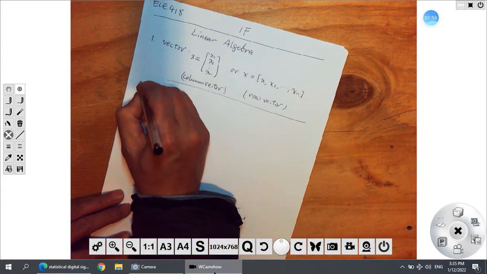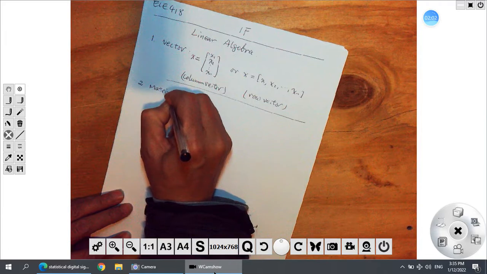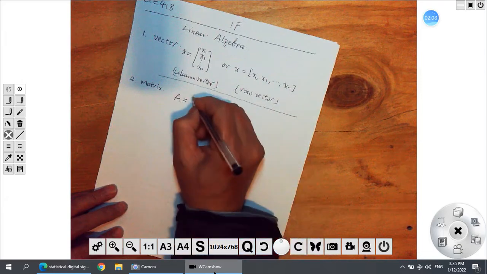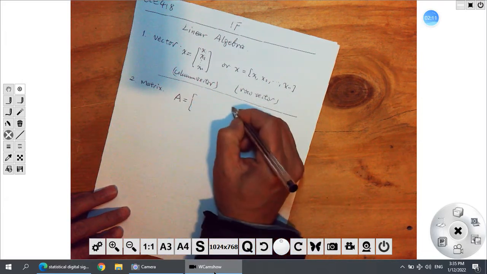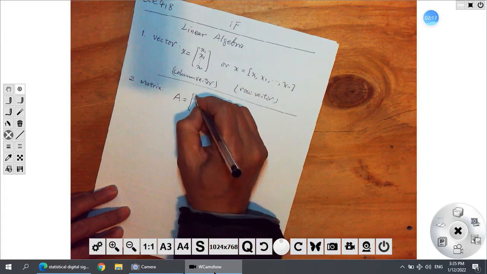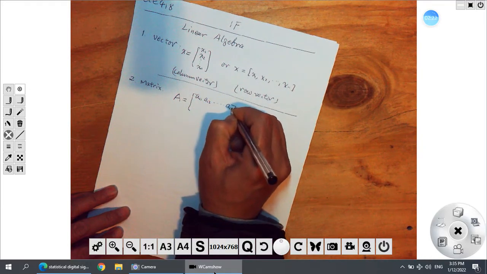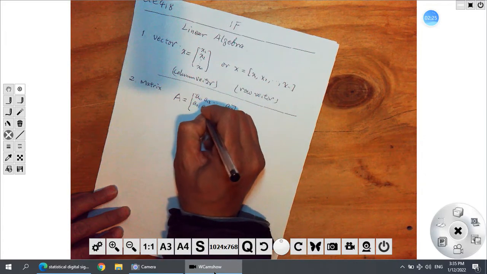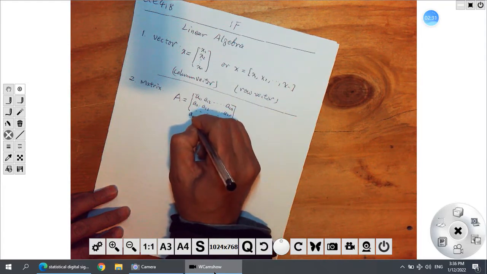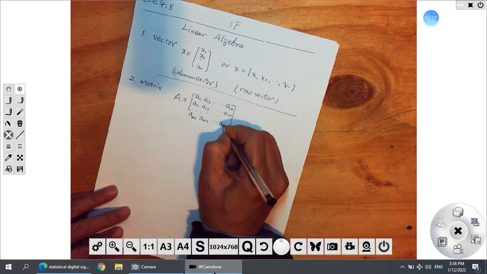And the second thing is the matrix. A matrix, usually we use a capital letter for a matrix. It's a list of numbers in certain rows and columns. Like A11, A12 to A1n, and A21, A22 to A2n, until AM1, AM2 until AMN.